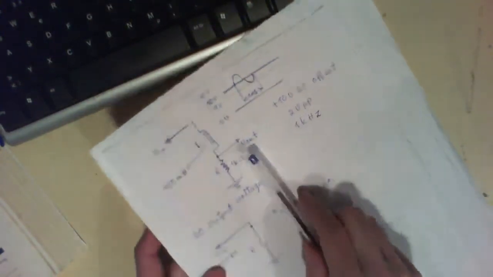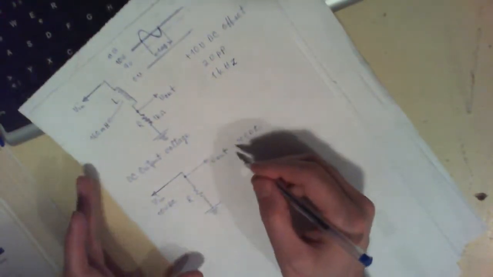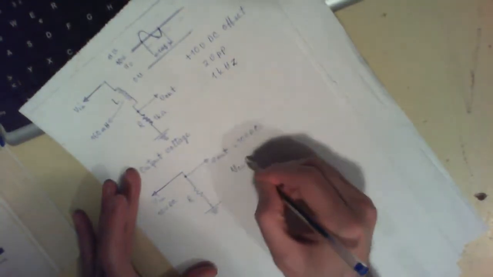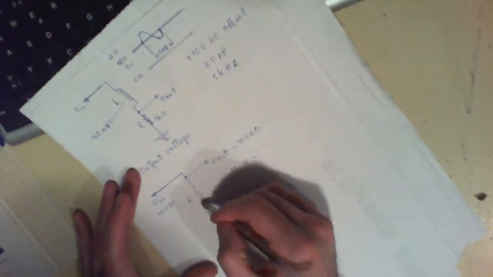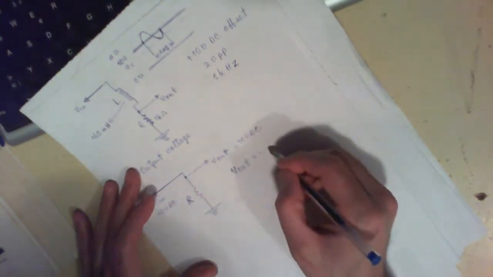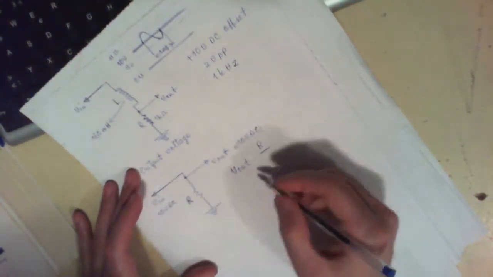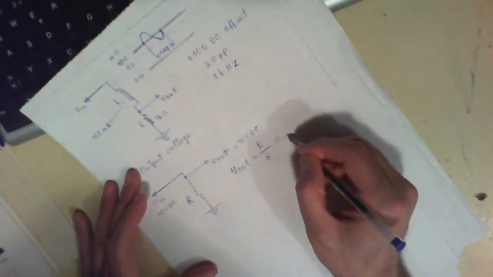Okay, so now the output voltage over here would be 10 volts, the same as the input voltage. If you use the voltage divider formula, V out in a DC circuit is equal to R, the resistance over here, over the total resistance in the circuit, which is again R, times V in.